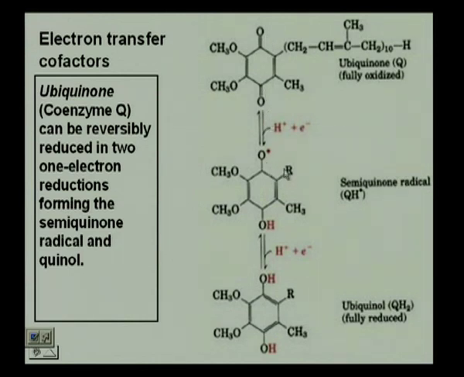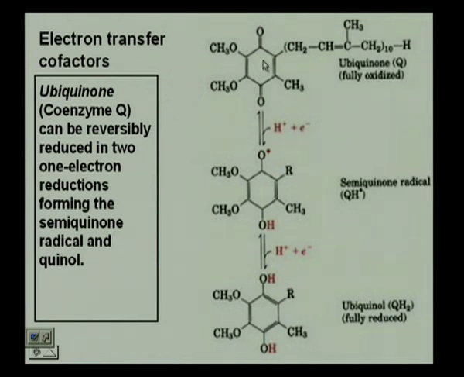The rest of the structure is referred to as R. The quinone takes up the electrons and protons, becoming a semiquinone radical, and after that it becomes ubiquinol, which is the fully reduced form of the quinone.